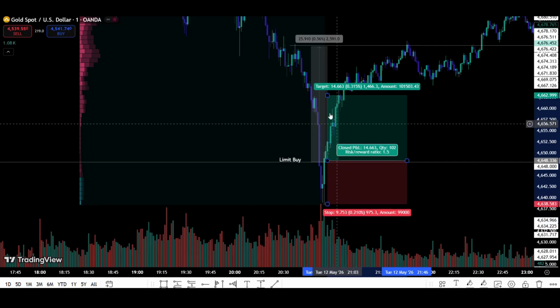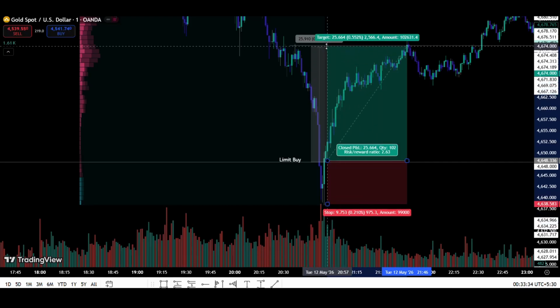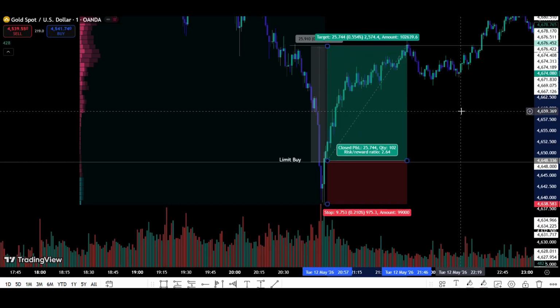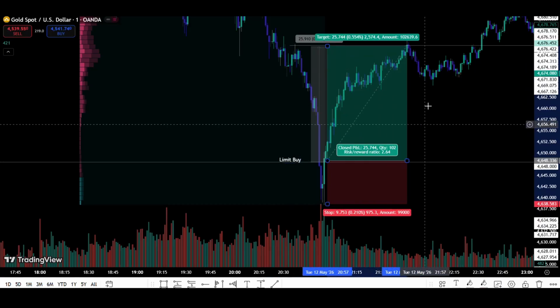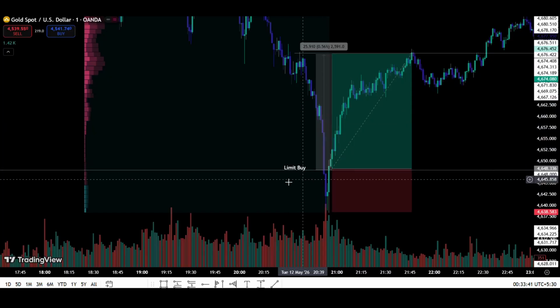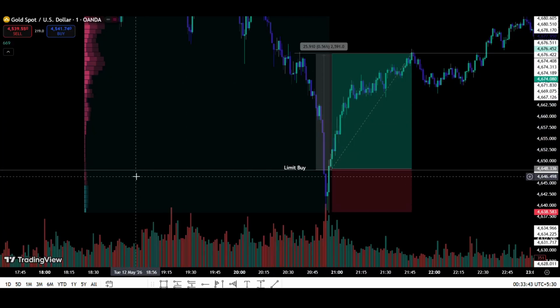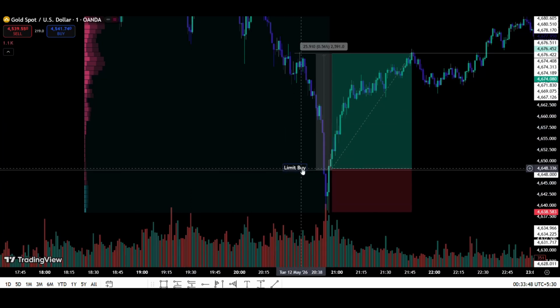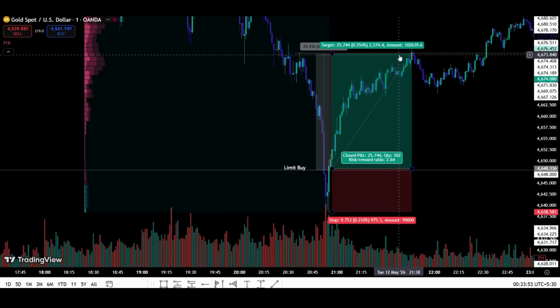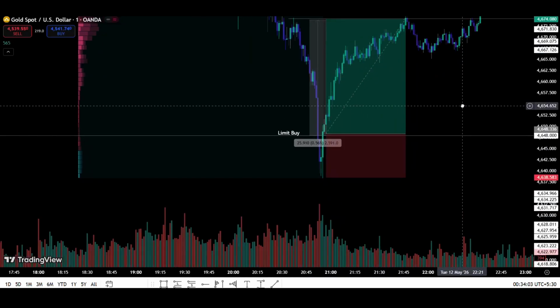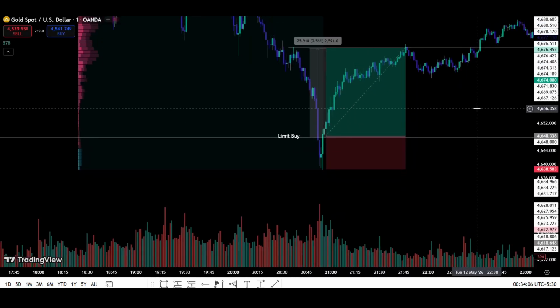From here I can show you, it is giving me a 2.26 risk reward ratio at first itself. After the reversal, after taking all the liquidity of the previous day or this week's low in the New York session, we can take a limit buy from here till this. Or we can even execute at market, having a risk reward ratio of 2.61. Why and how can we take it?